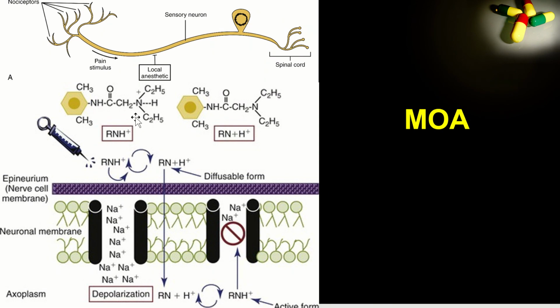And so you have the ionized form and the unionized form, and what we said is that it crosses the membrane in the deprotonated form, and then it becomes protonated to its active form, and therefore it binds to the binding site, which we're not seeing here, in the neuronal membrane, and causes blockage, preventing sodium from entering.